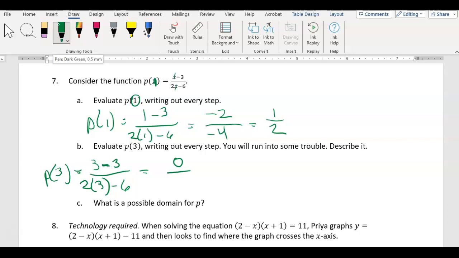So 0 divided by anything is going to be 0, but we also have 2 times 3 is 6 minus 6 equals 0. And note here that we cannot divide by 0. So what does that mean? That means that this is not possible. 3 is not a possible solution.